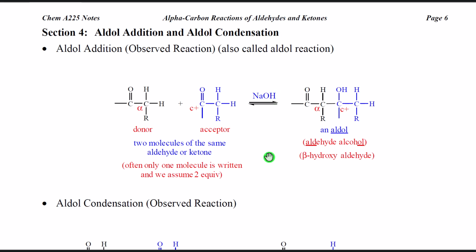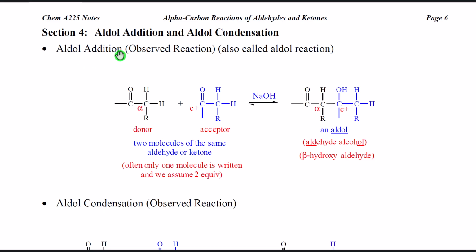We're going to separate these reactions and discuss each individually, but it is often the case in some textbooks that the authors are not careful to distinguish between the two different reactions, and in fact, very often use the term aldol condensation for both.